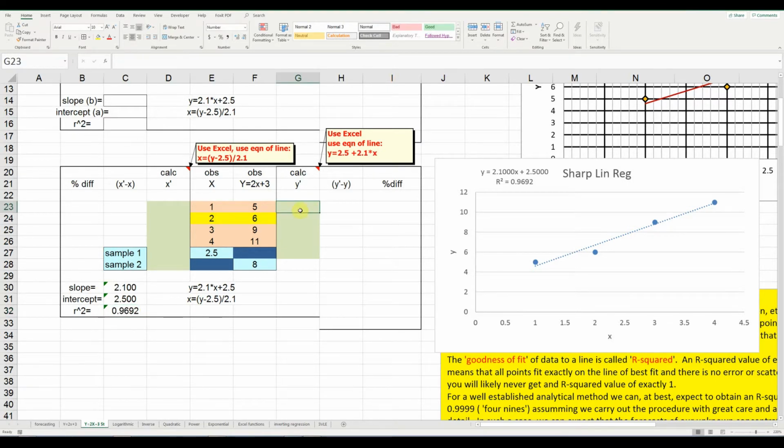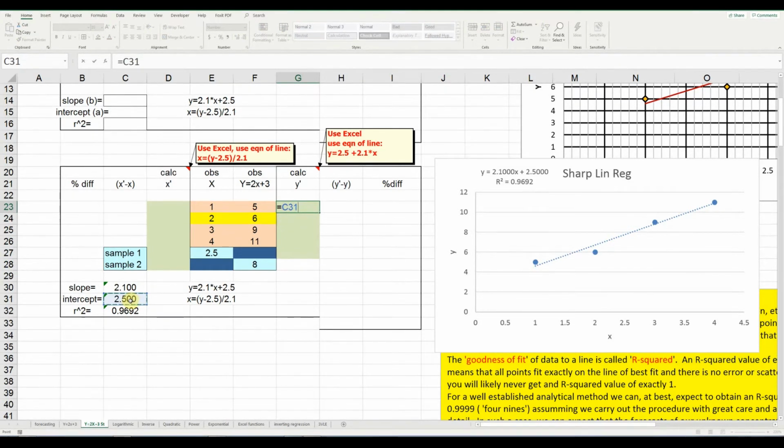So now we can calculate our y primes using the equation of the line. Y prime is equal to the intercept plus the slope times x. That'll be equal to the intercept. Now we're going to want to drag this formula down.